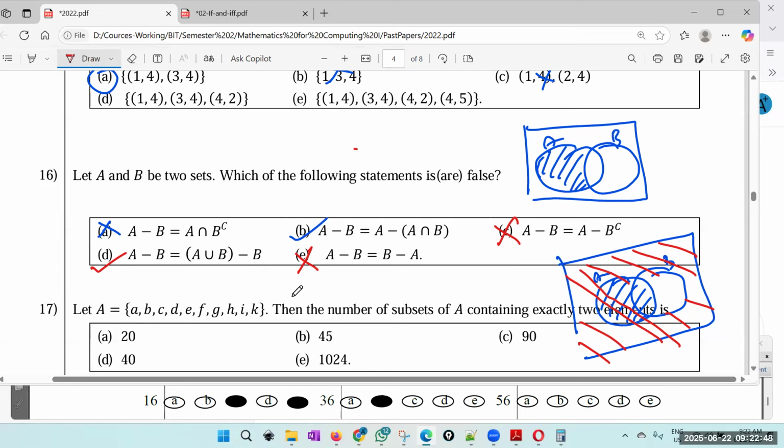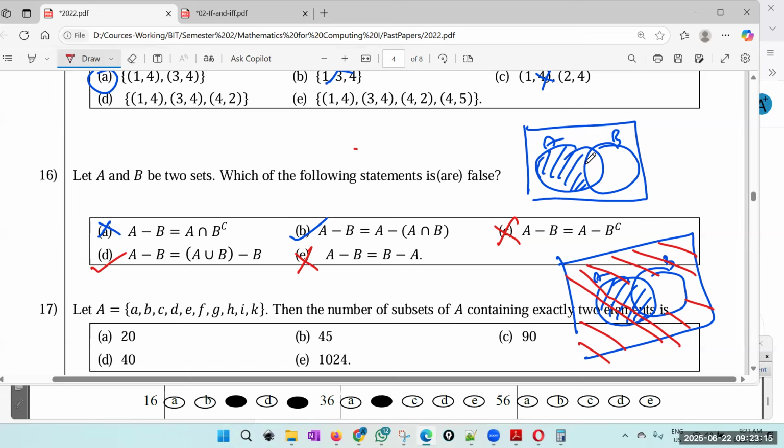That is a real mess, right? B is correct. It's not wrong. Which one are you referring to? 16B. B is correct. Yes, B is correct. D is correct. Sir, so A is correct, no?